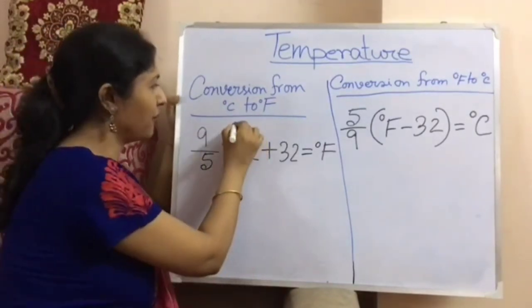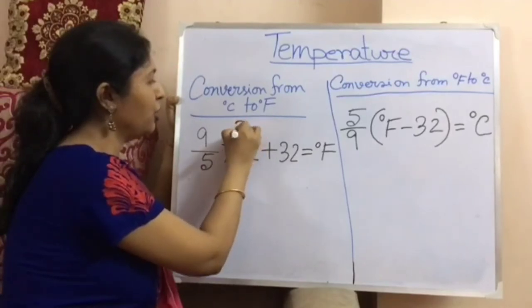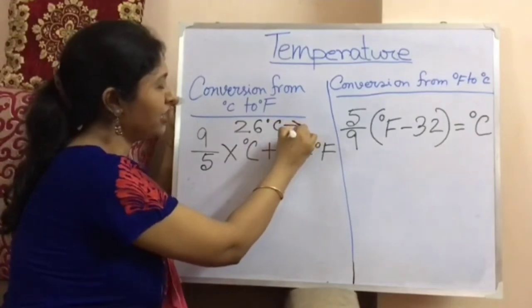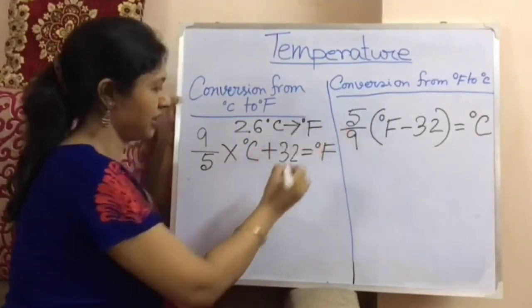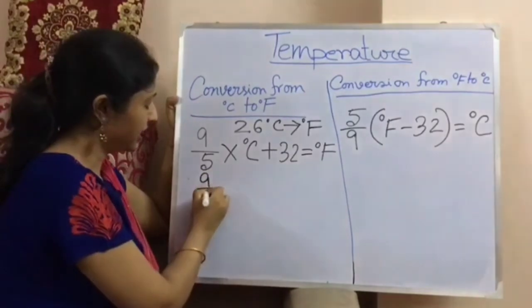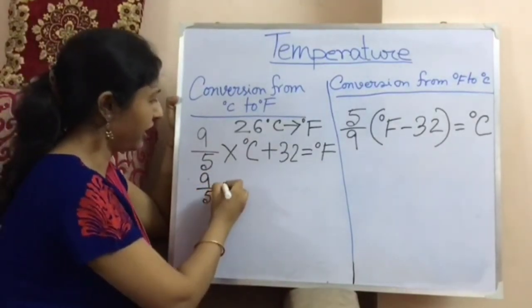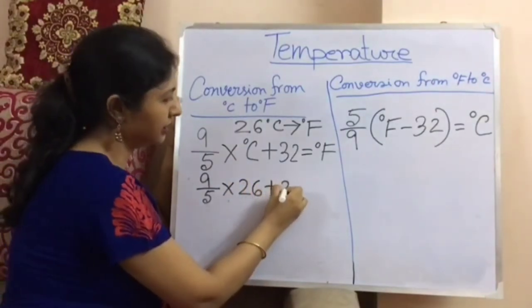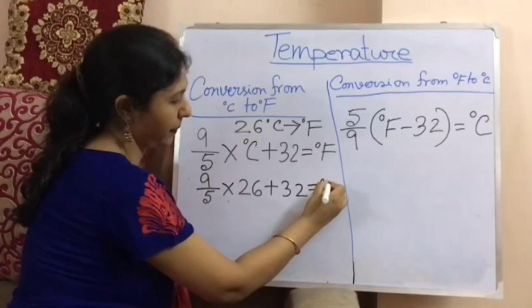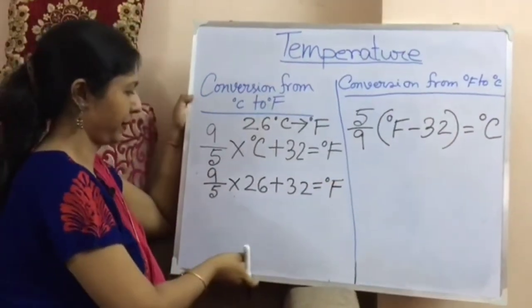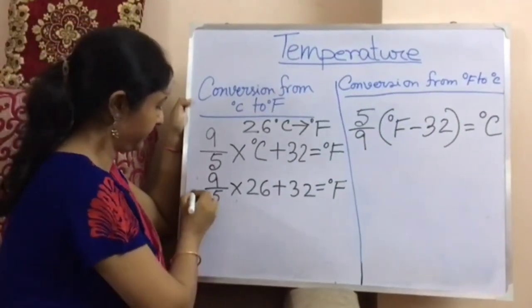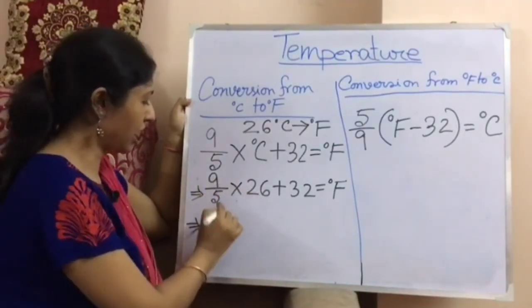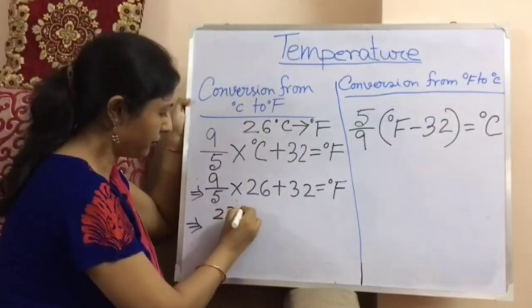I will give an example. If I take 26 degree Celsius, how will we convert it to Fahrenheit? So here, 9 by 5 into 26 plus 32. 26 into 9 means 234.